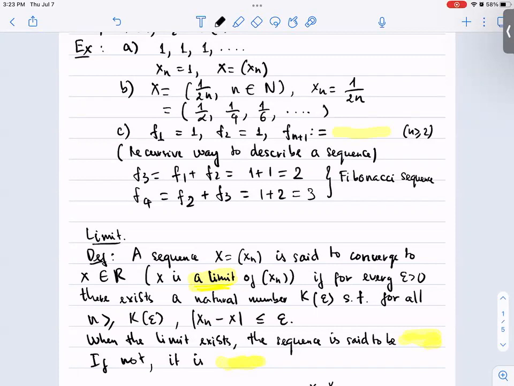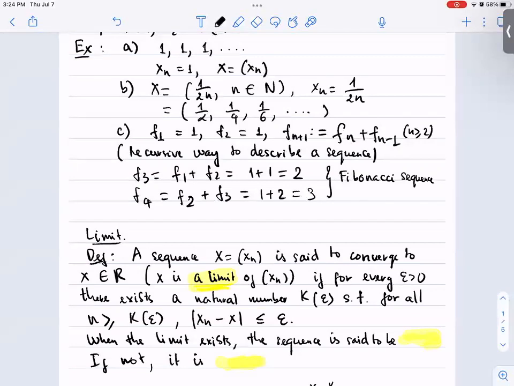Then there is the general recursive formula: F of n plus 1 is equal to the sum of fn plus f of n minus 1. That is, in order to compute the next element in this sequence, we take the sum of the previous two elements.